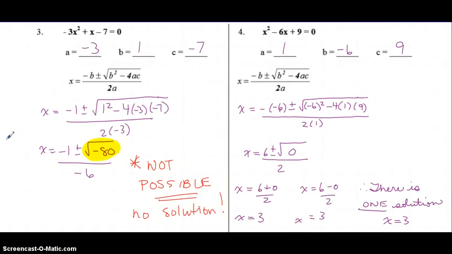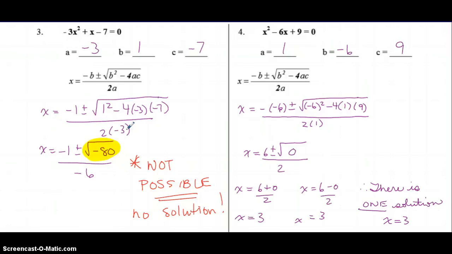Okay, so coming down to the bottom part of the page, I've got these 2 here. These are unique situations. So this particular quadratic, if I were to graph it, the parabola would not cross the x-axis. And I know that when I get down to this step, because the number under the square root symbol is a negative, it is impossible to take the square root of a negative number. No number, when you multiply it by its identical self, will result in a negative value.